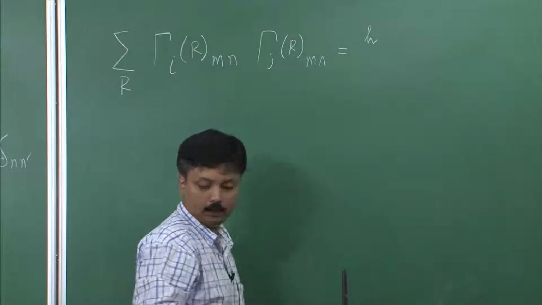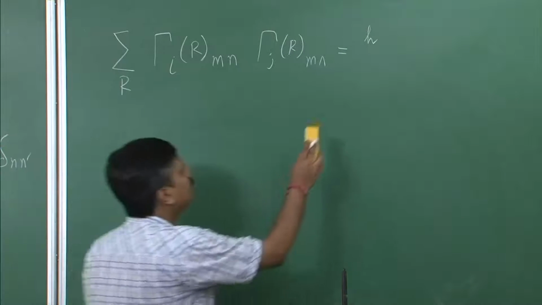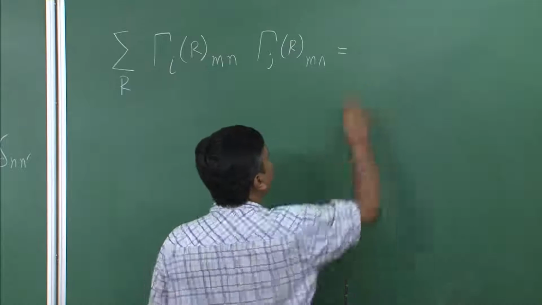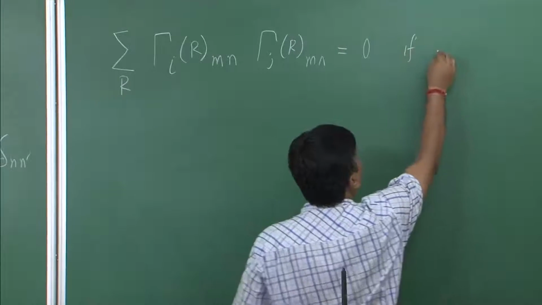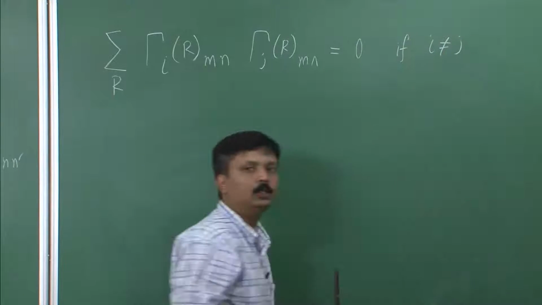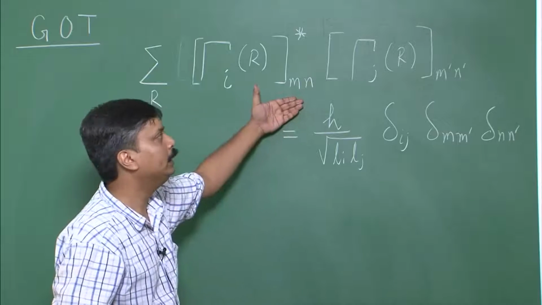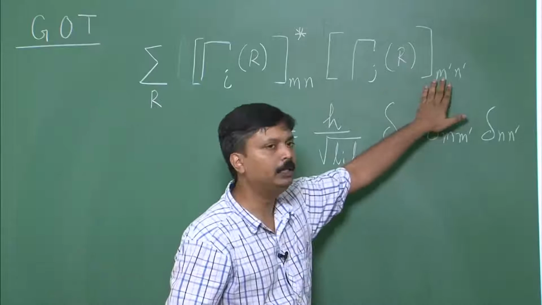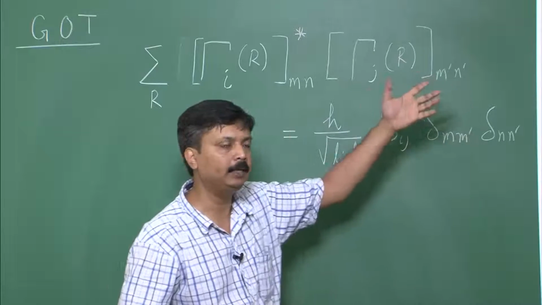So I can skip this part. I can say directly that this will be 0 if i not equals j. This can be verified from here. Instead of choosing different elements, we are choosing the same particular element from each matrix.